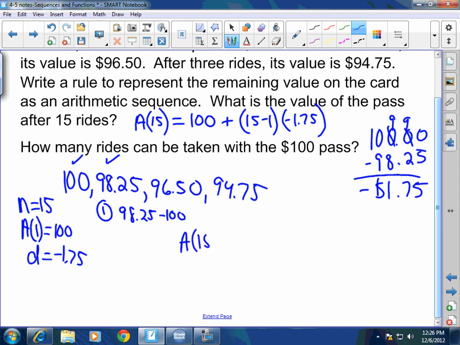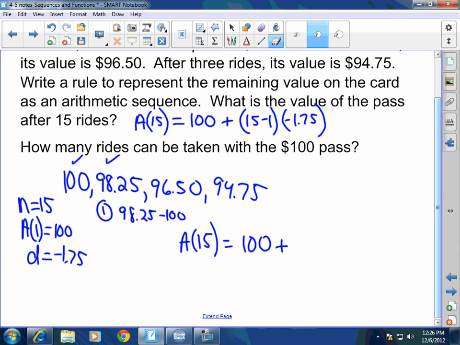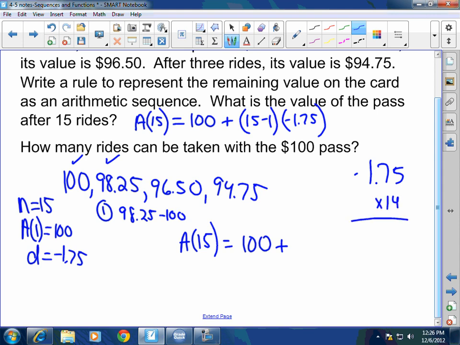So A of 15, my 15th term is going to equal 100 plus 14 times negative 1.75. Let me erase this. It's 14 because 15 minus 1 is 14. So 14 times 1.75 is 24.50, with 2 decimals.